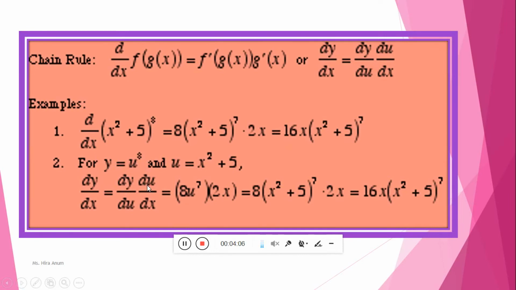Then we take the derivative du/dx. Since u is this function, we differentiate it with respect to x and it becomes 2x. Then we multiply both values, dy/du and du/dx, and it becomes 16x (x^2 + 5)^7.